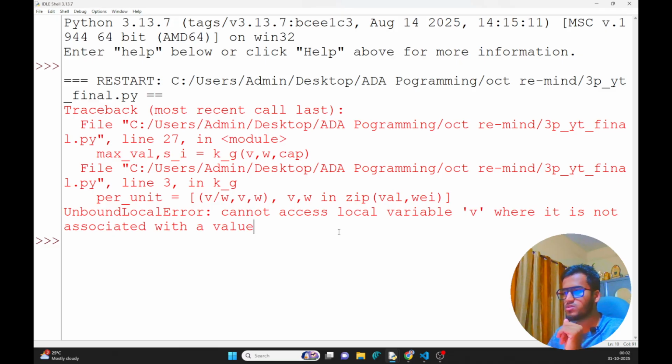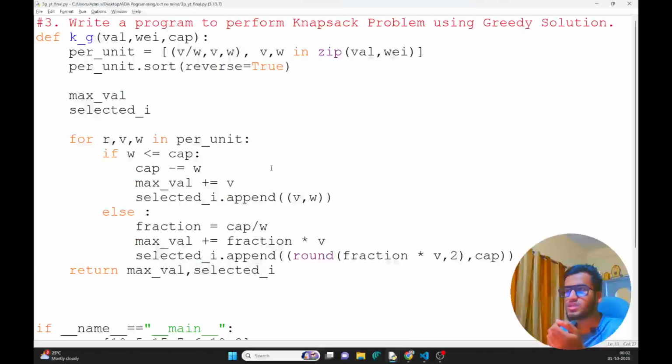Okay, it cannot access the local variable V where it is not accessible. Per unit V divided by W, comma V comma W. Something like that.